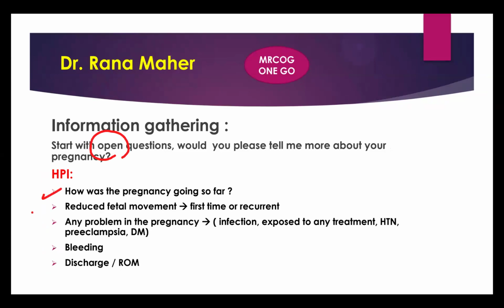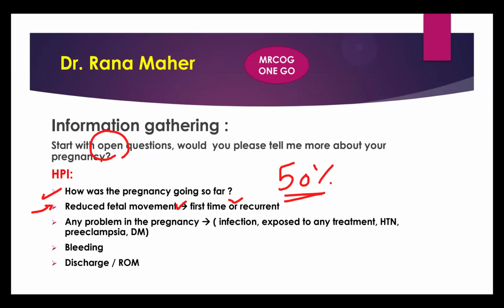This patient presented to us with reduced fetal movement. So how many times? Was it the first time or is it recurrent? They found that in 50% of stillbirths, the patient presented first with reduced fetal movement. So we need to know if this patient presented one more time before today with reduced fetal movement or if this is the first time.